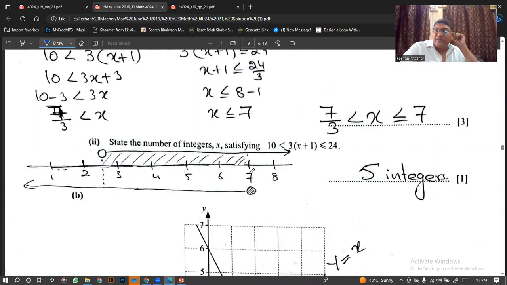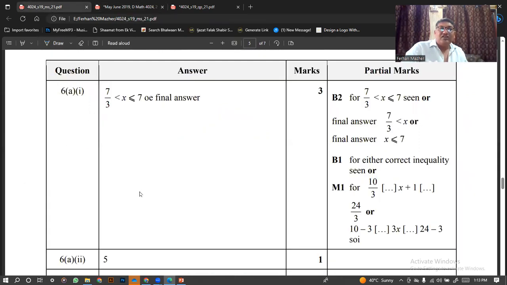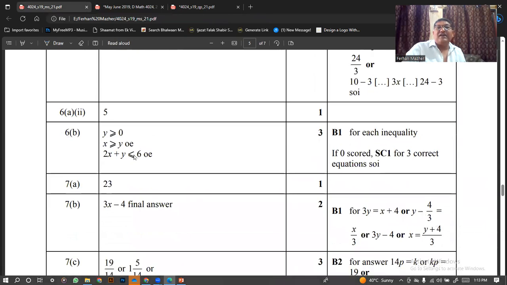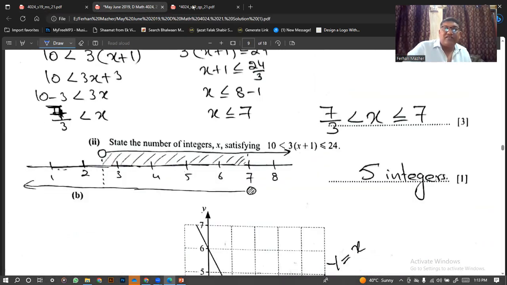This circle is shaded because 7 is included in the solution, and because it is less than, its arrow goes towards the left. The overlapping portion between these two arrows I have shaded. In this, the integers are 3, 4, 5, 6, and 7. So there are basically 5 integers, and our answer is right.